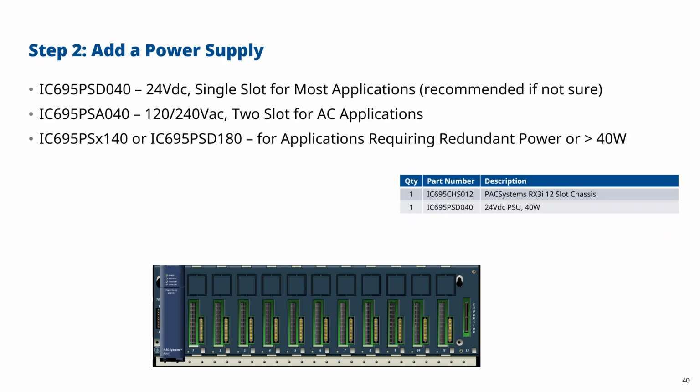Then we add a power supply. Again, for most applications, it will be a single slot PSD040, which is a 24 volt power supply. If you wanted redundant power for the I/O, you could consider using 2 PSD140s. I've seen that quite a few times where people want redundant power to the I/O because the I/O is often simplex and the power supply is considered the weakest link.